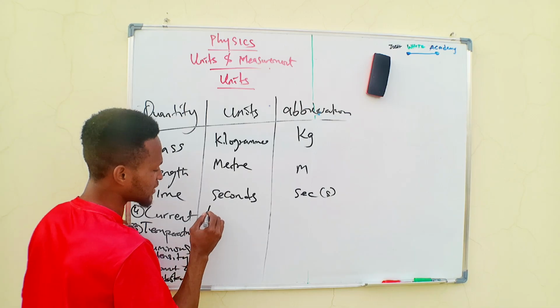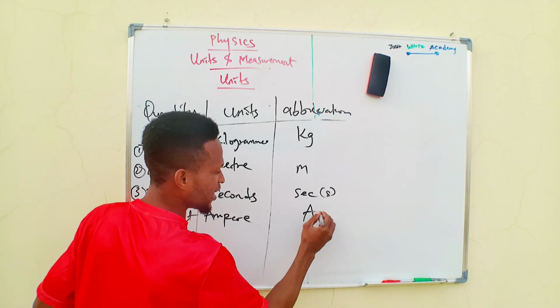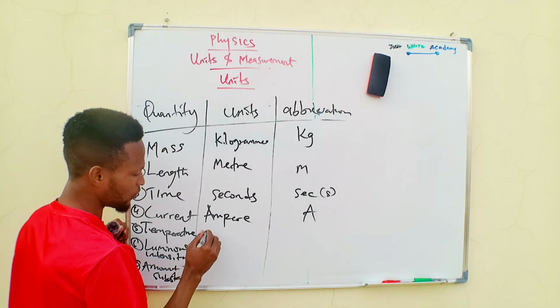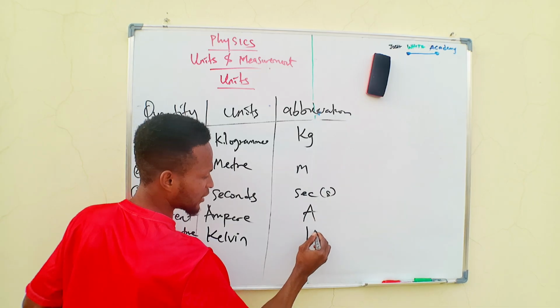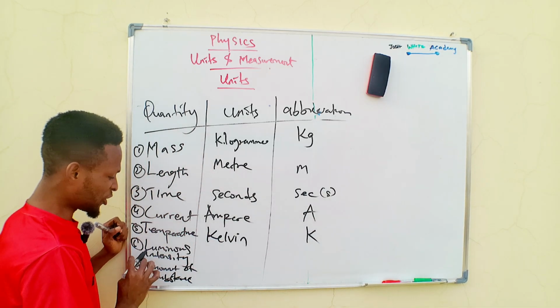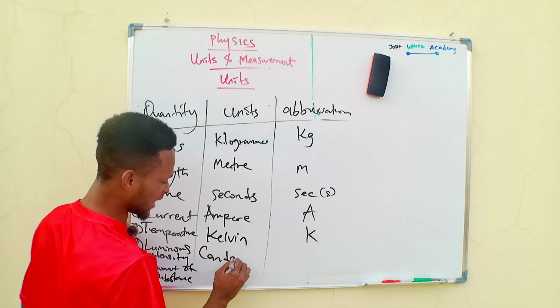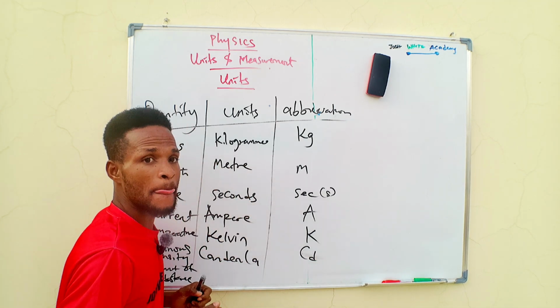The unit of current is ampere, A. The unit of temperature is Kelvin, K. The unit of luminous intensity is candela, cd.